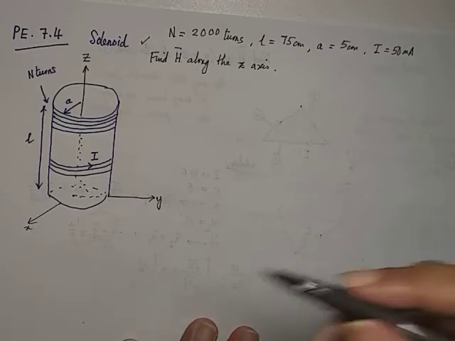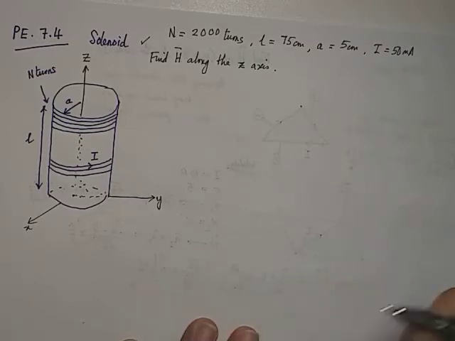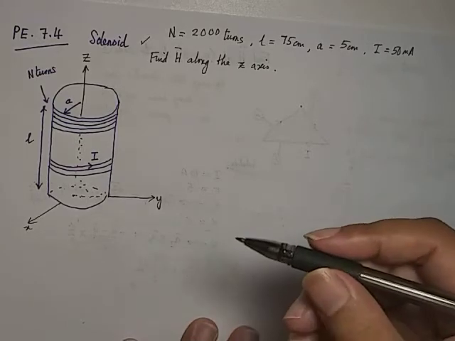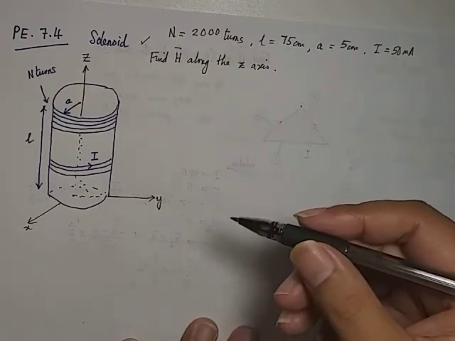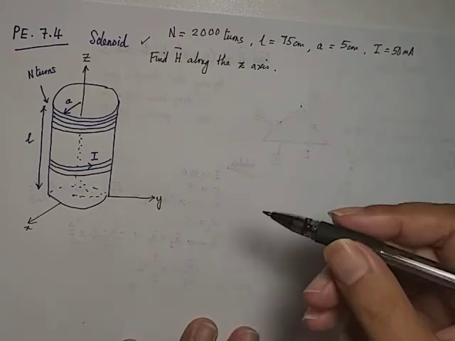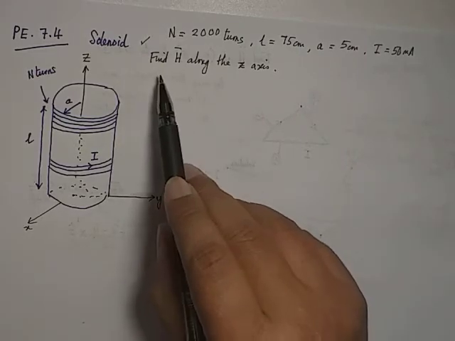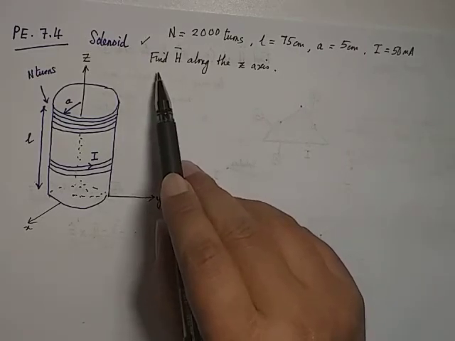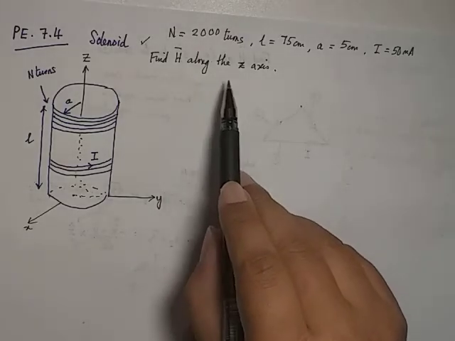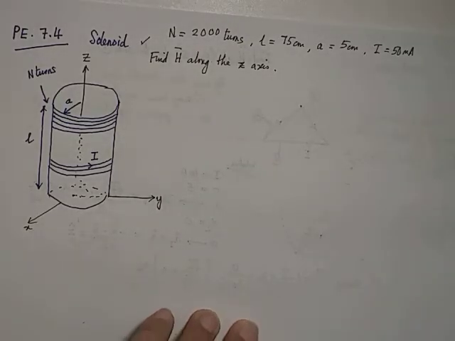So let's make our solution general. Later on we can substitute the specific positions asked by Sadiku into the general solution that we obtain here. So we make the problem more general by stating find magnetic field along the z-axis. So how do we solve the problem?